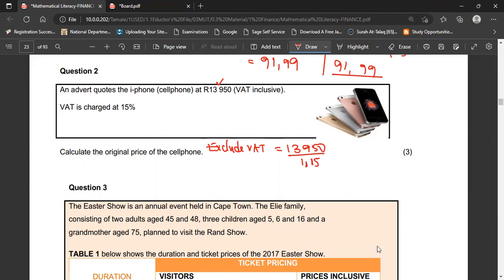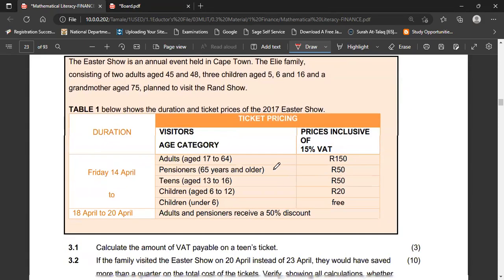When we are excluding, we divide by 1.15. And as we are including, we multiply by 1.15. So here the answer becomes 12,130 rands, 43 cents. That's the price there that we have.